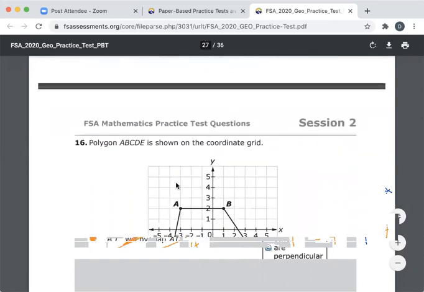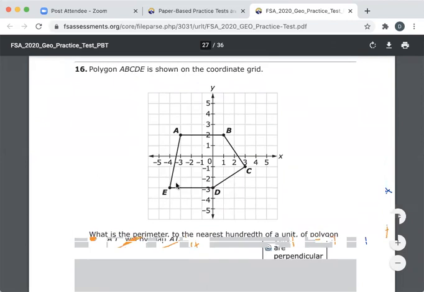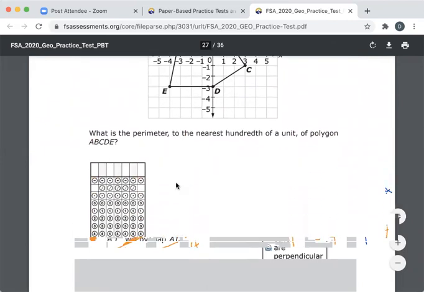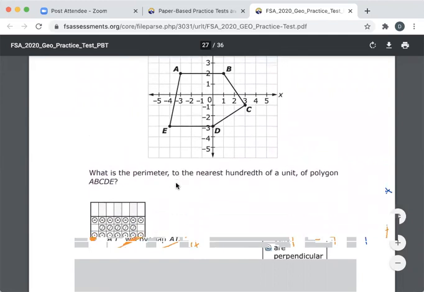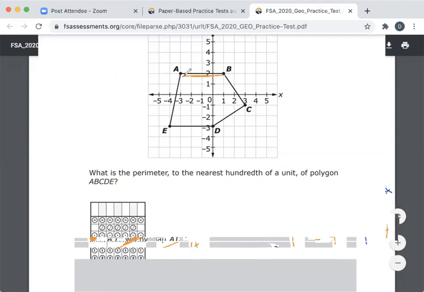All right. Okay, so here we have polygon ABCDE, and they want to know what the perimeter is. This one isn't so bad. So first, let's look at AB. Side AB, I'm going to do in orange. It goes from -3 to 1.